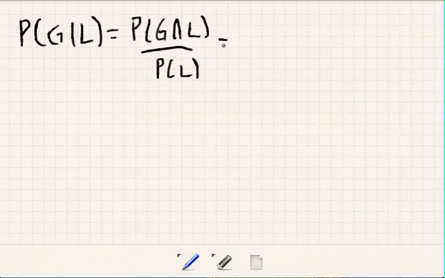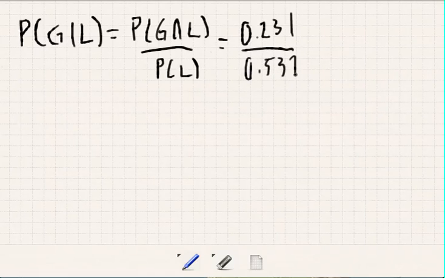We already had that information from our probability tree: the probability that it was Gingrich and he lost was 0.231, at the end of his branch, divided by 0.5371, which gives us 0.43. Let's compare this to the probability that Gingrich is the nominee, which is 0.42. So if they lose, it's actually more likely that he was the nominee than overall.